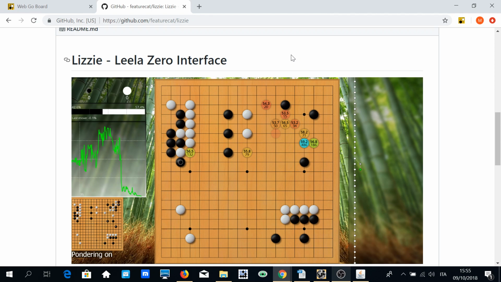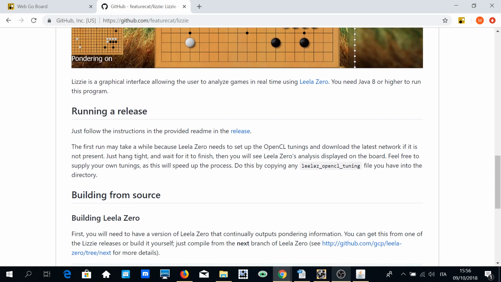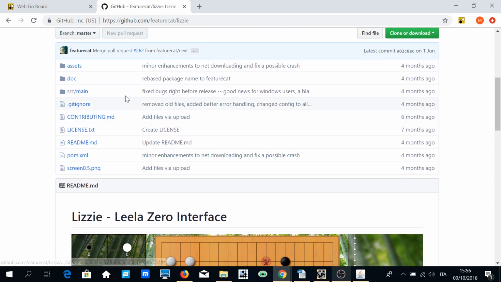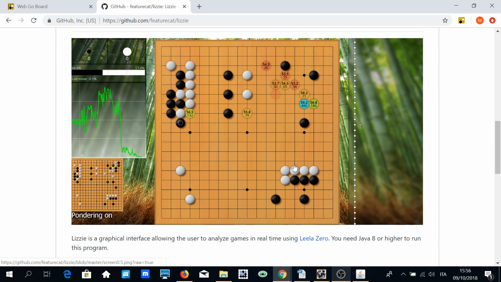But when you download Lizzie, the Lila Zero interface, you have all the job done in a single file. You simply click on release. You follow the instructions you can find in the main README here, and the program starts immediately.